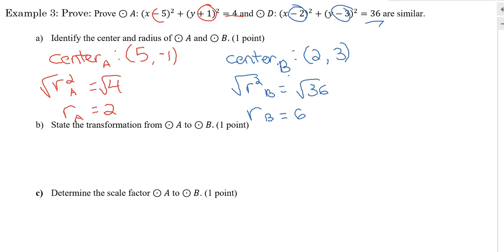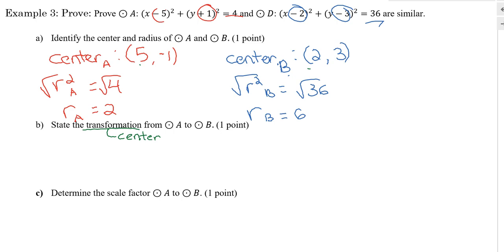All right, looking at B then. State the transformation from circle A to circle B. Remember, transformations have to do with the center. So I want to go from 5, negative 1 to 2, 3. How far is it from 5 to 2? A lot of us are easily able to say I have to move 3.